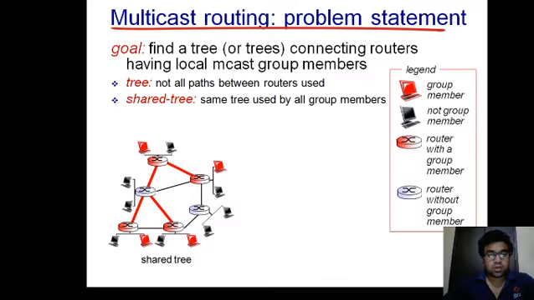So it's quite simple, and for the smooth process of broadcasting, or for effective broadcasting, we found that the spanning tree is one of the best ways.